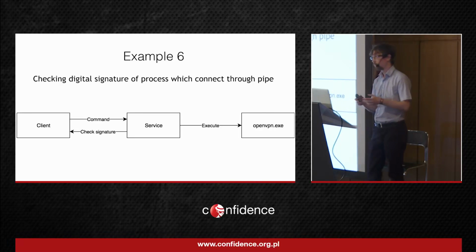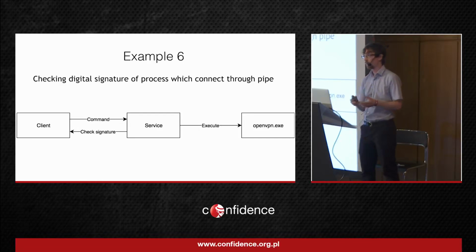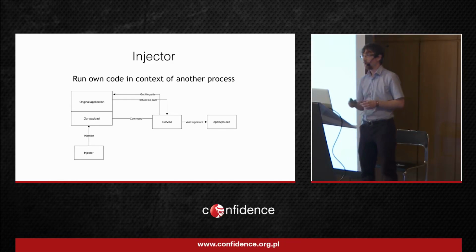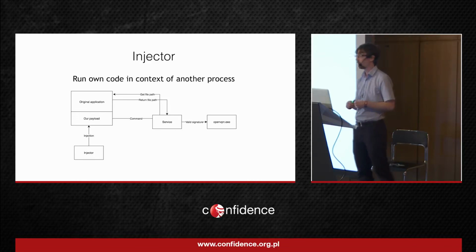If the command is sent through the real client, it's okay, and if it's sent through a Python script, simply don't execute. But again, there is a simple idea of how we can bypass this, and it's called injection. This term is very popular in malware. Injection means running some code in the context of another process.